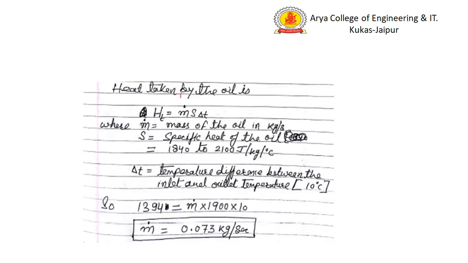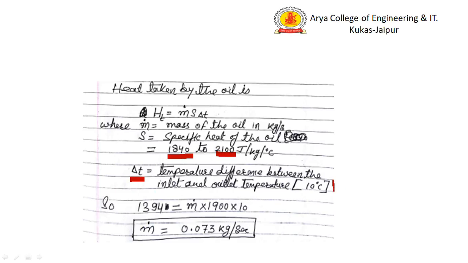For this, the oil can take this heat, and the equation is Ht equals m dot S delta T, where m dot is the mass flow rate of the oil, and S is the specific heat of the oil. We can take this value generally from 1800 to 2100 joule per kg per degree centigrade, and delta T is the temperature difference between the inlet and outlet temperature.